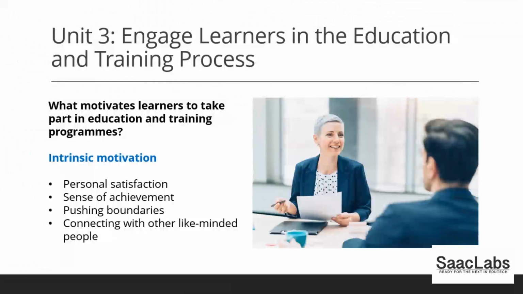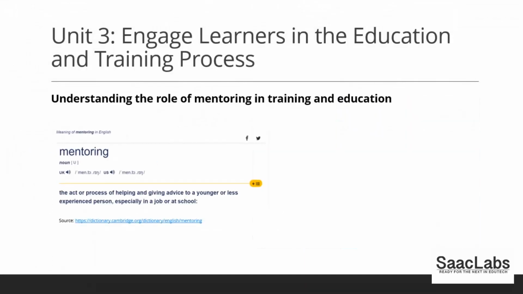I already mentioned to you that some practitioners choose to involve mentoring in their approach when they deliver training, because it helps them to create rapport and gain credibility, which further enhances their learners' engagement in their training and development programs. So what is mentoring? For the purpose of today's overview session, I have just picked a definition from the Cambridge Dictionary.